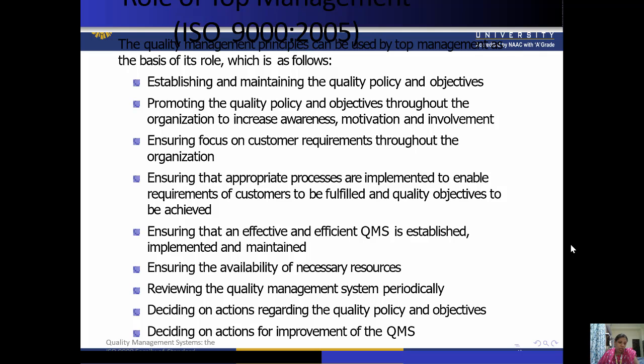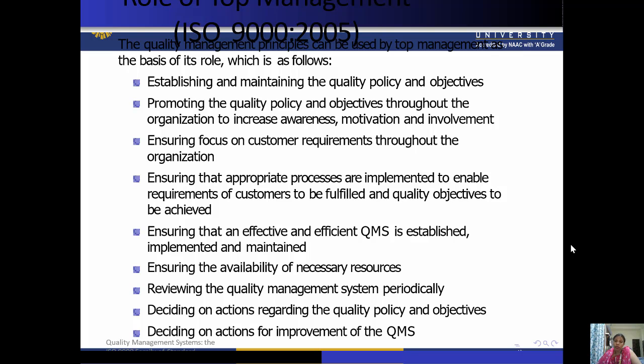After the establishment, the next very important thing is that the top management should get the quality policies they have made properly followed, and increase the awareness as well as the motivation and involvement of the people related to those quality policies as well as objectives.